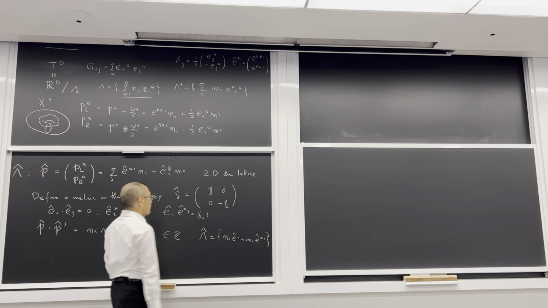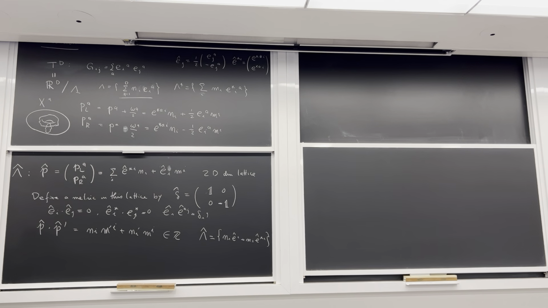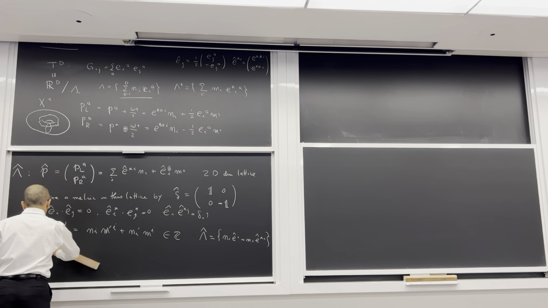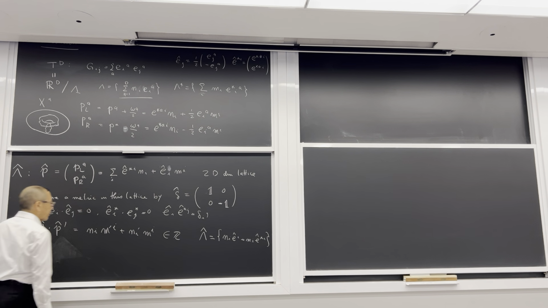Okay, so this is a lattice, and this lattice has this structure. But another important property of this lattice is that it's self-dual. That is, if you consider the dual of this lattice, the dual of the lattice means the collection of all the vectors whose inner product with the lattice is an integer, and invertible.